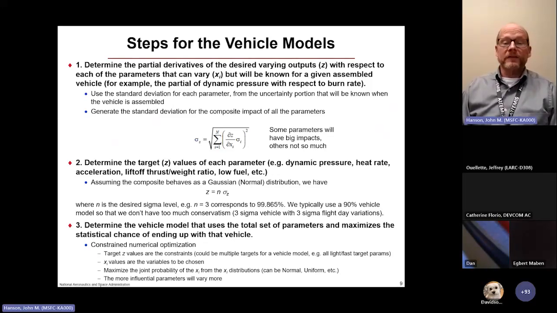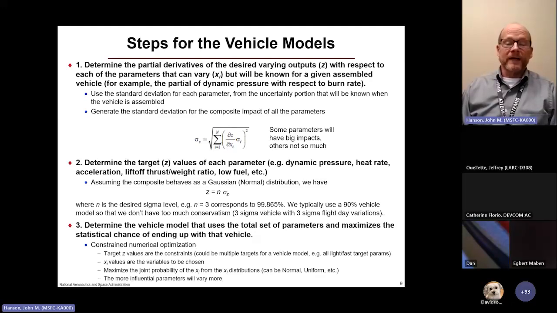Then, based on what percentage of cases I want to cover, I determine step 2 here, the target value for each of these parameters. So where do I want dynamic pressure to be? Where do I want heat rate to be for this vehicle model? For my light fast model, where do I want these things to be?